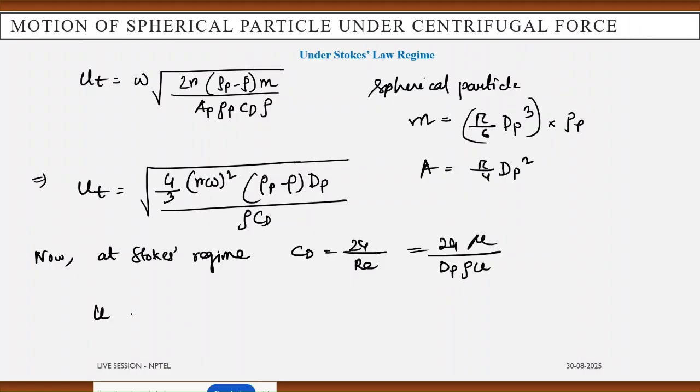After substitution, you will get ut equals r omega square dp square (rho p minus rho) divided by 18 mu.